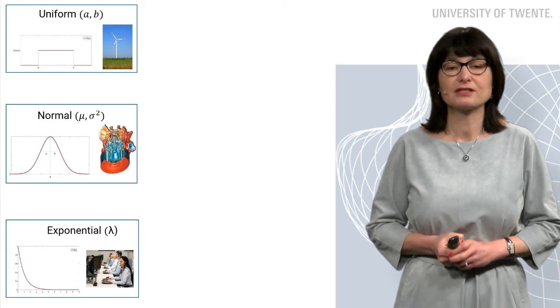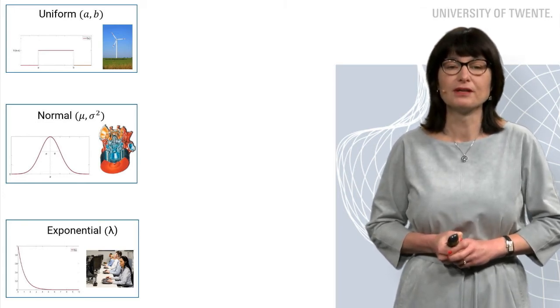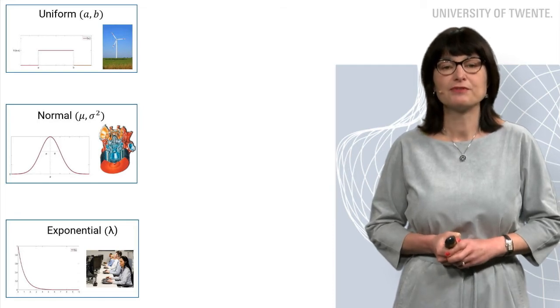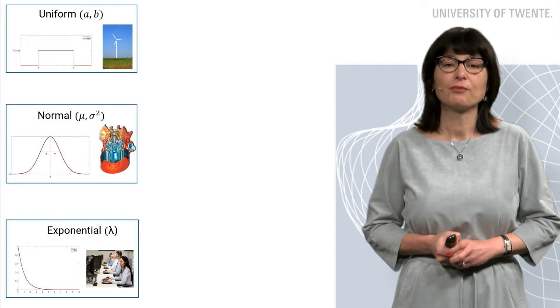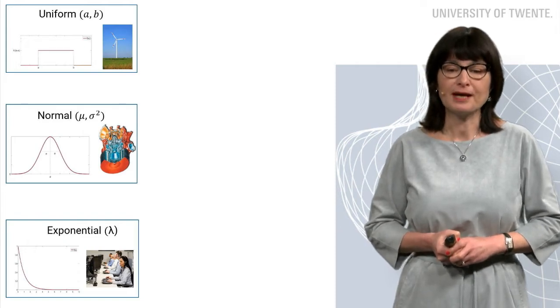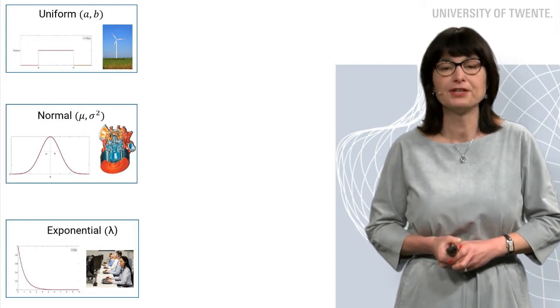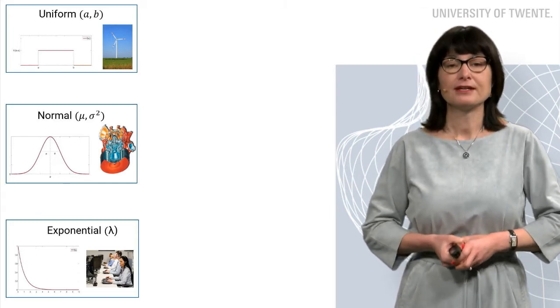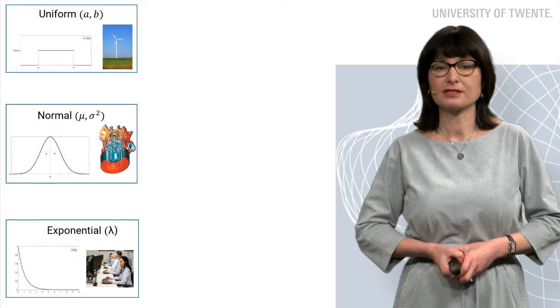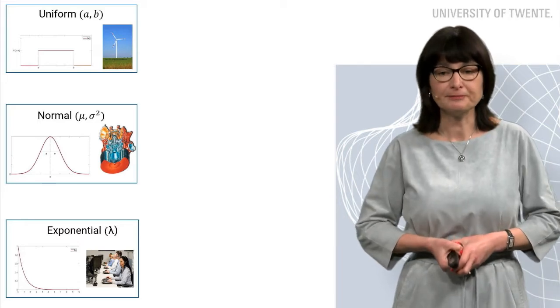This model is used, for example, for times between phone calls in a call center, but can also be used for modeling time to the failure of an equipment when this equipment is as good as new. If equipment is as good as new, then its failure is a purely random process. It can fail any second, basically.